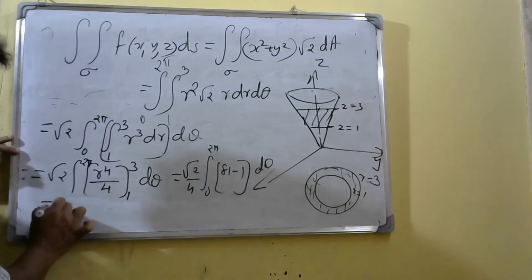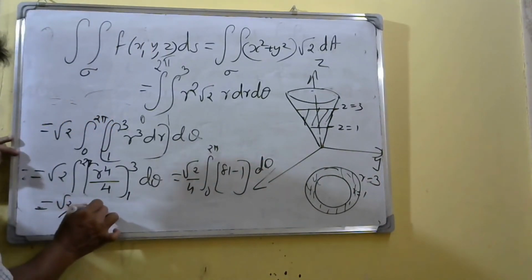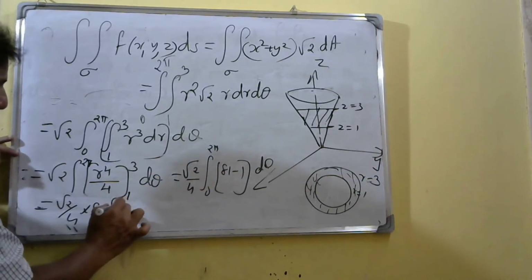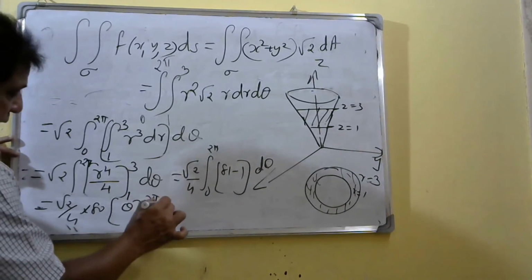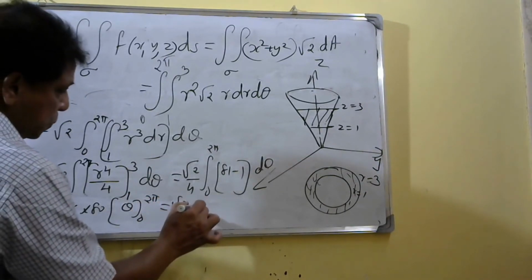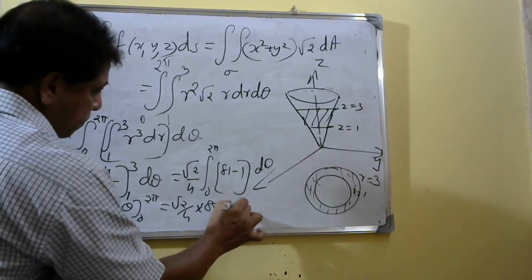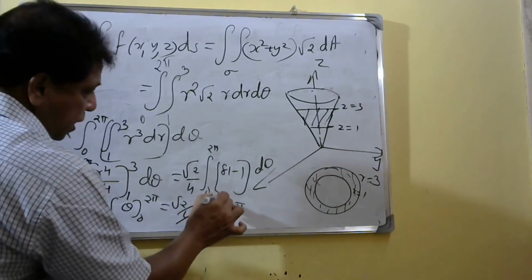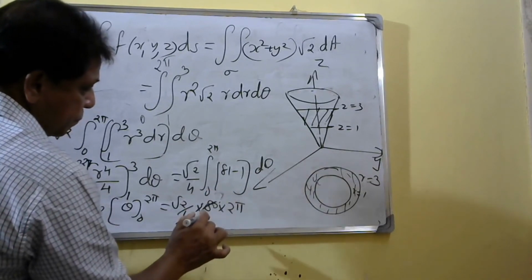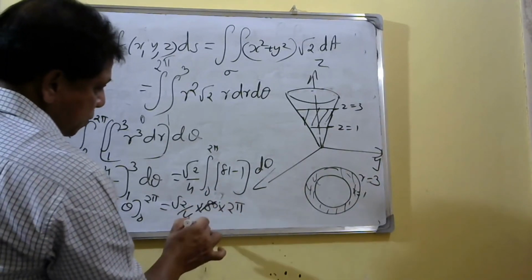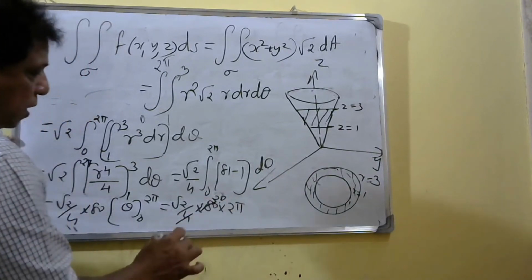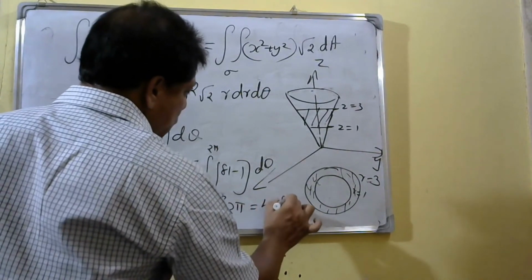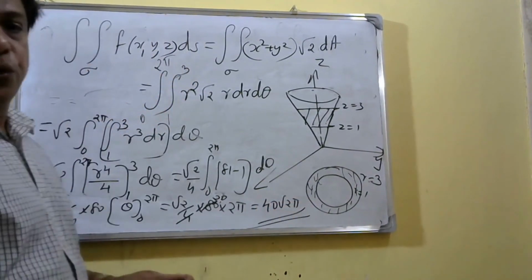That is root 2 by 4 into 80 into, when we integrate with theta, theta from 0 to 2 pi. That is root 2 by 4 into 80 into 2 pi. Therefore, 4 into 20 is 80, so 40 root 2 pi. The answer will be 40 root 2 pi.